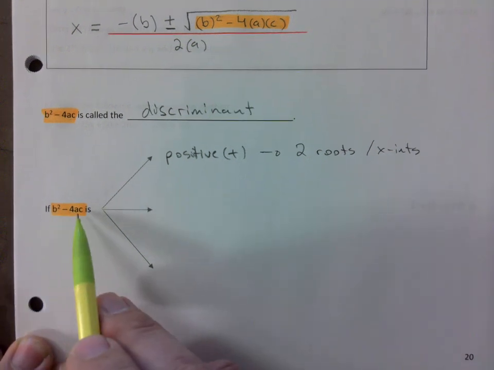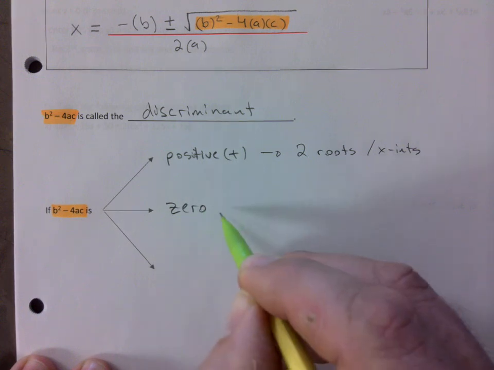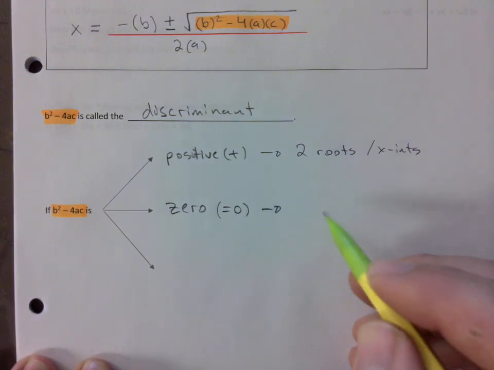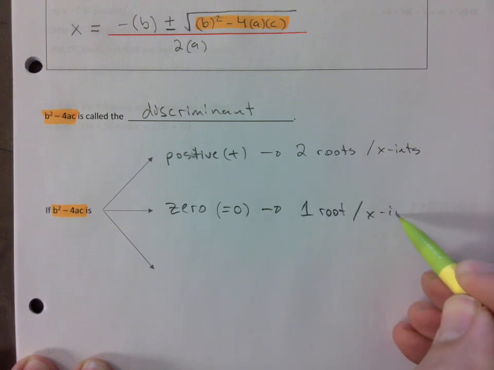If b squared minus 4ac, you plug everything in, and you get 0, so if that is equal to 0, you have only one root, or x-intercept.